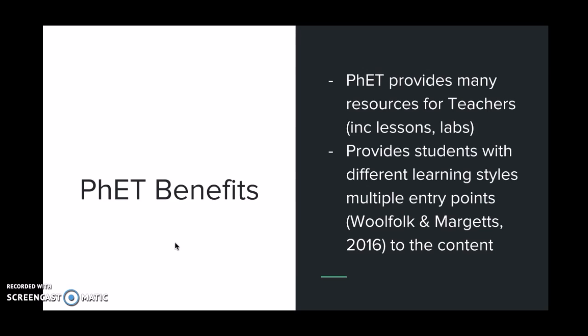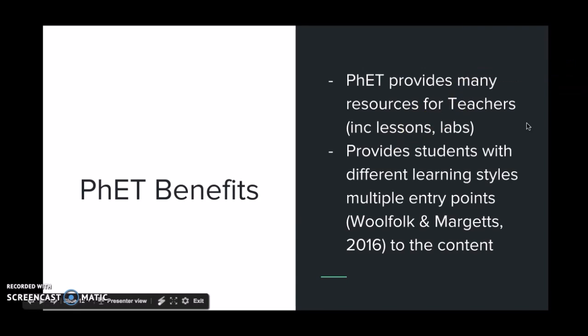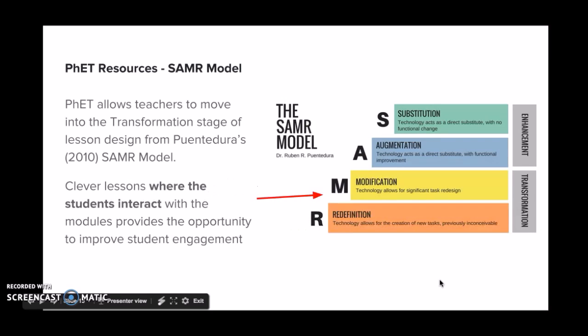There's also an ability for students to have multiple entry points into a topic. So the two examples that we looked at today, for students that are very visual in their learning, or students that need some hands-on interactions, should be able to play with the PhET content.